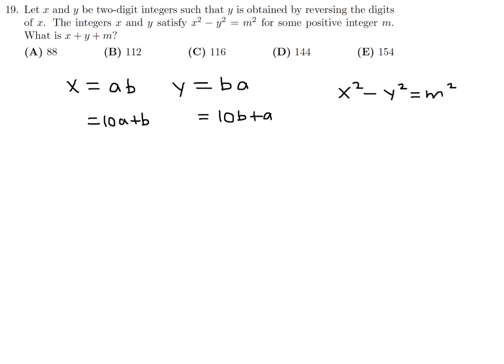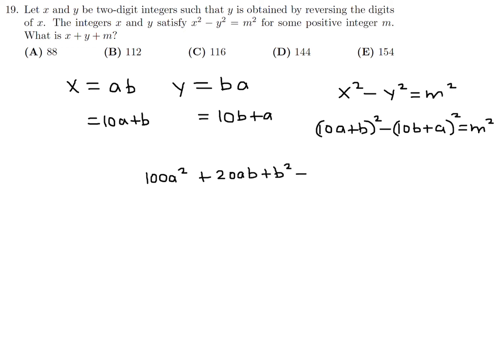So if you substitute that in, you get 10a plus b squared minus 10b plus a squared is equal to m squared, like that. So this is 100a squared plus 20ab plus b squared minus 100b squared minus 20ab minus a squared is equal to m squared.